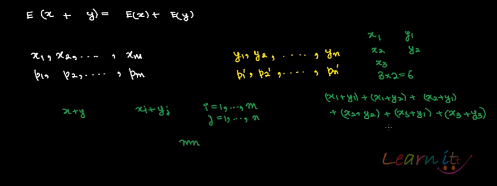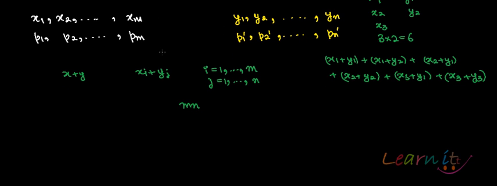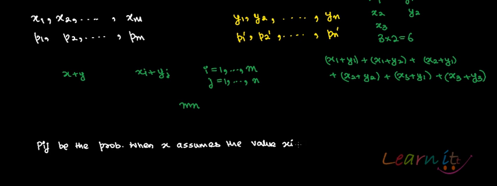Now, suppose Pij is the probability when x assumes the value xi and y assumes the value yj.